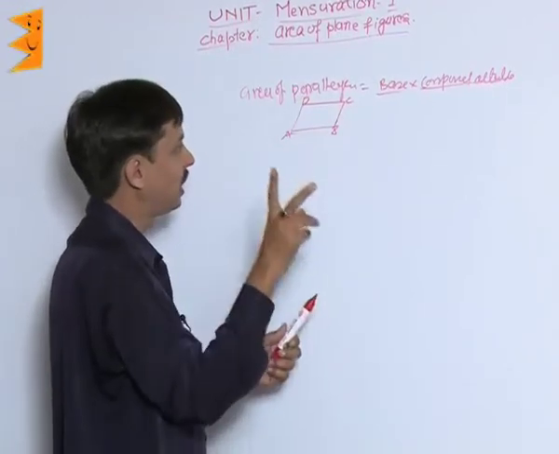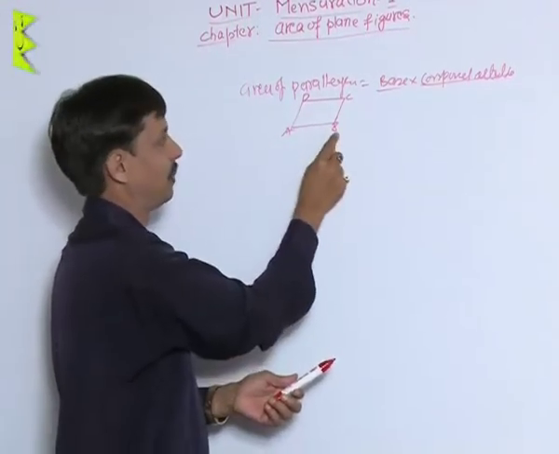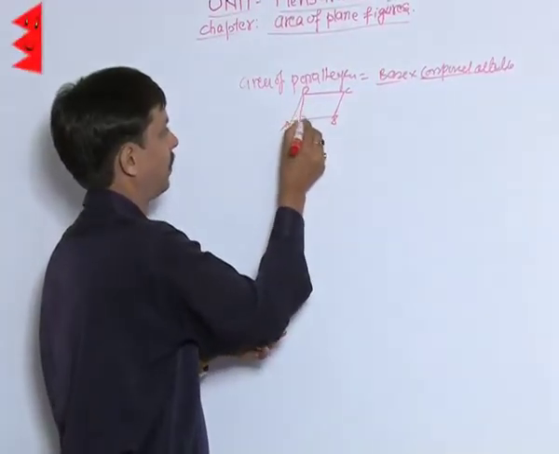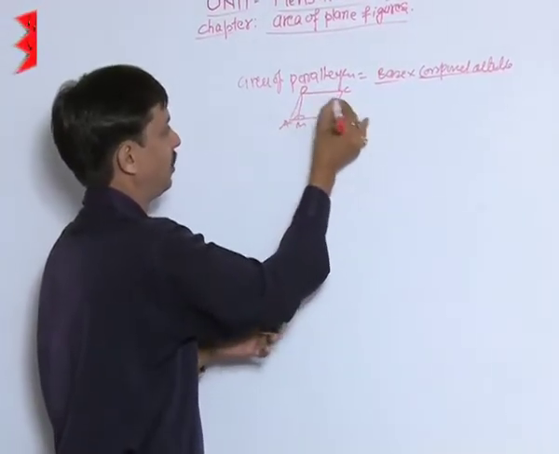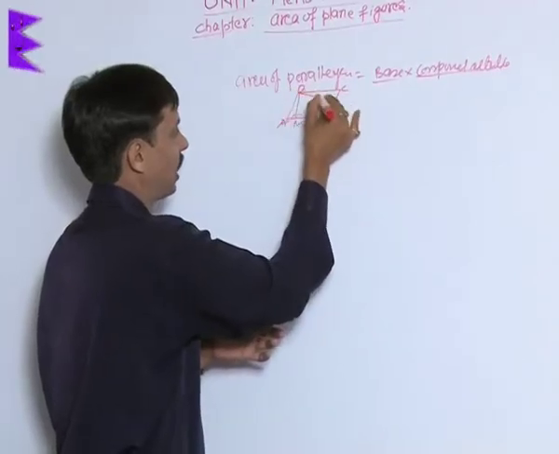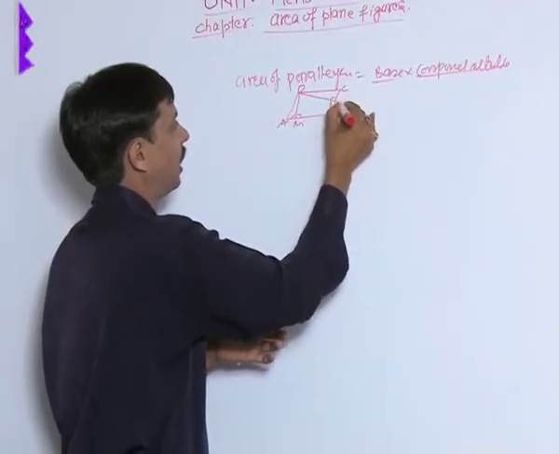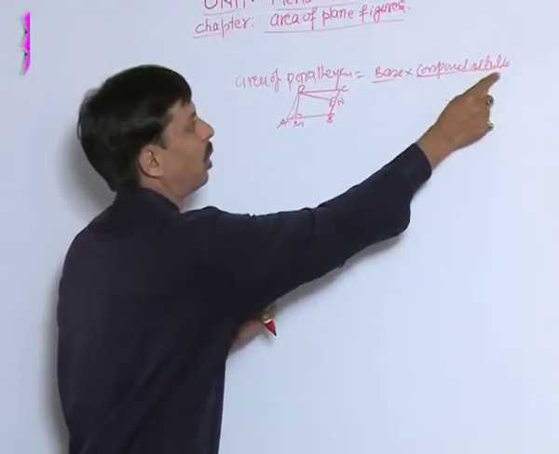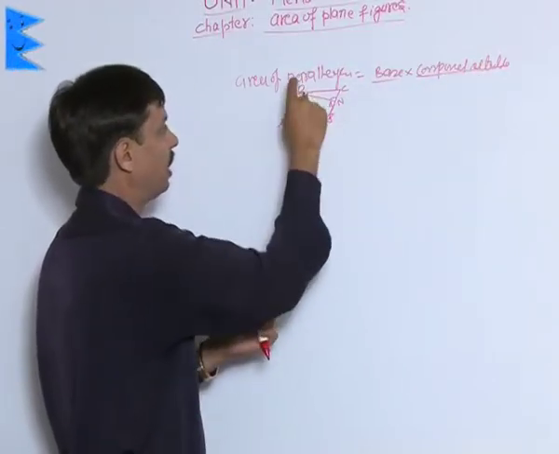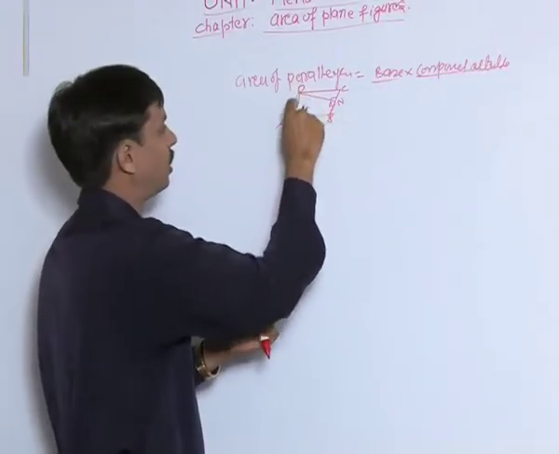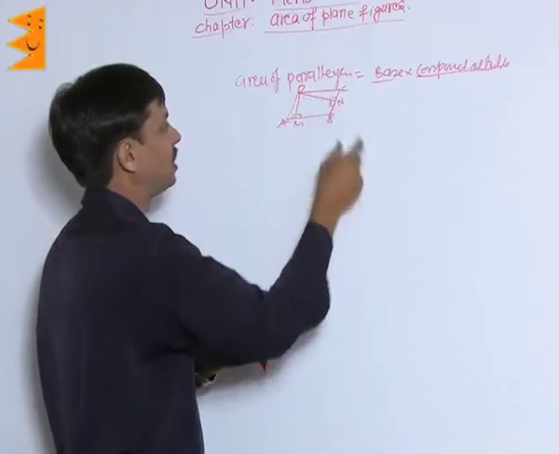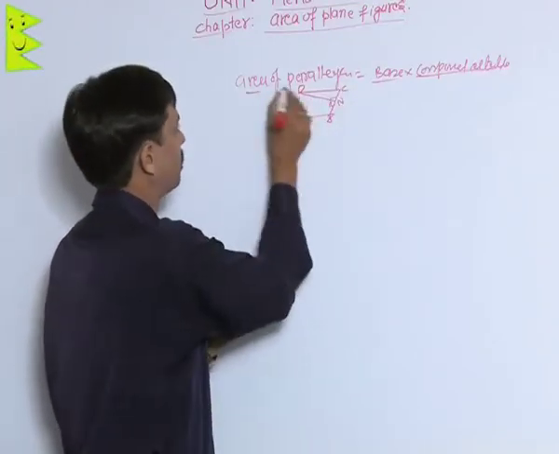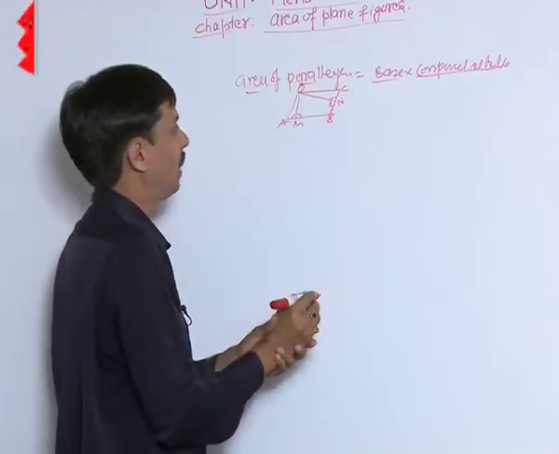If we take AB as the base, then the height will be DM. And if we take BC as the base, then the height will be DN, because I have written base into corresponding altitude. If the base is AB, the altitude is DM, and if the base is BC, the altitude is DN. So this must be clear from this discussion, how we find the area of a parallelogram.